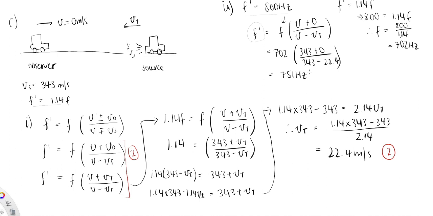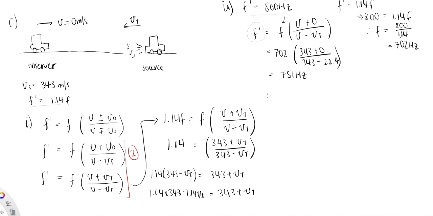The next part is, what is the wavelength of the sound observed by the stationary driver? Let me just get rid of some of this. So now we want to know what the wavelength is. And we know what our formula for wavelength is. It's just velocity divided by frequency.